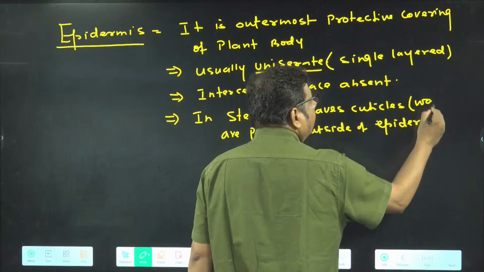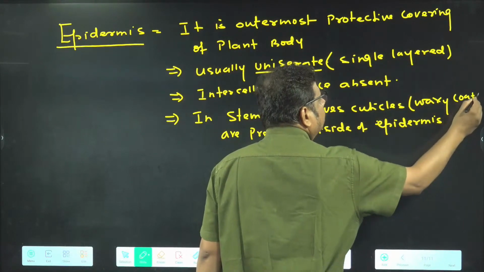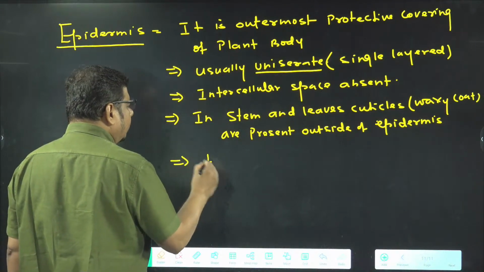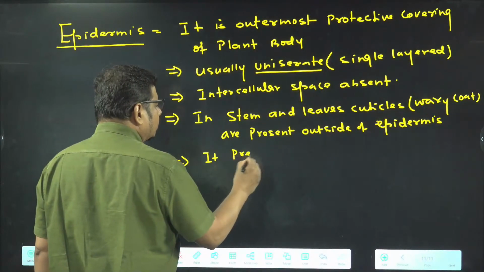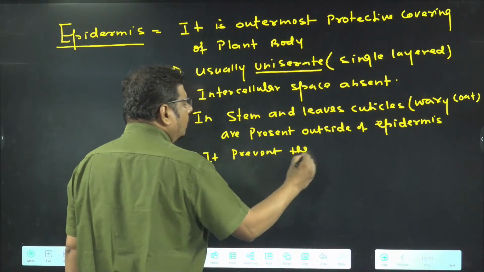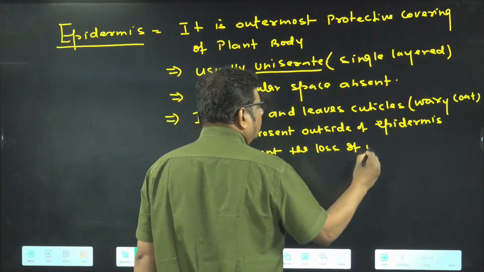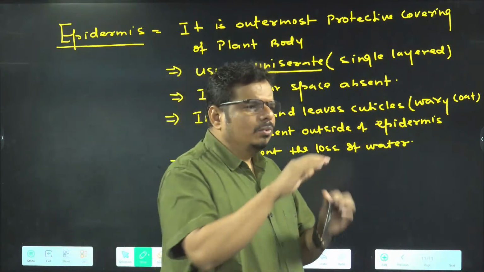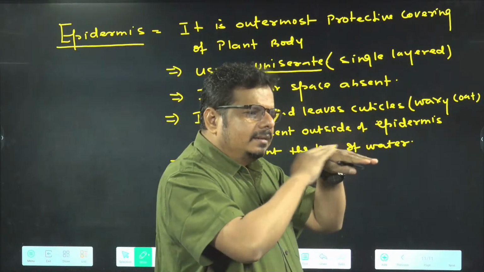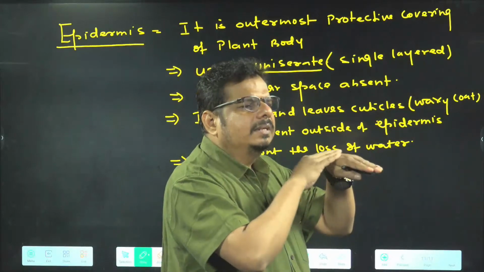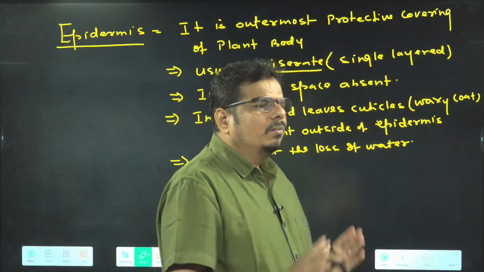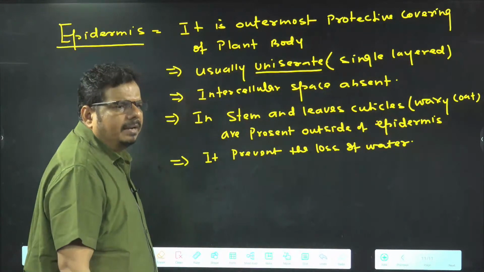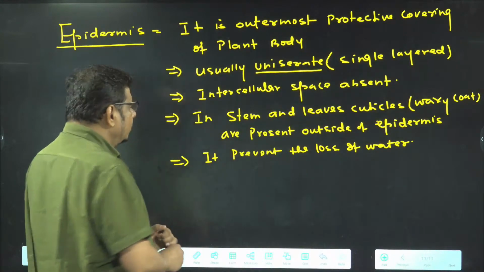Cuticle is a waxy coating. And wax, you know, it is hydrophobic. So this cuticular waxy coating prevents the loss of water, because stem and leaf are exposed parts. So if this waxy coating is not there above the leaf epidermis and stem epidermis, what will you find? Water loss will occur more. Getting the idea? Is it clear in the mind? So it prevents the loss of water.